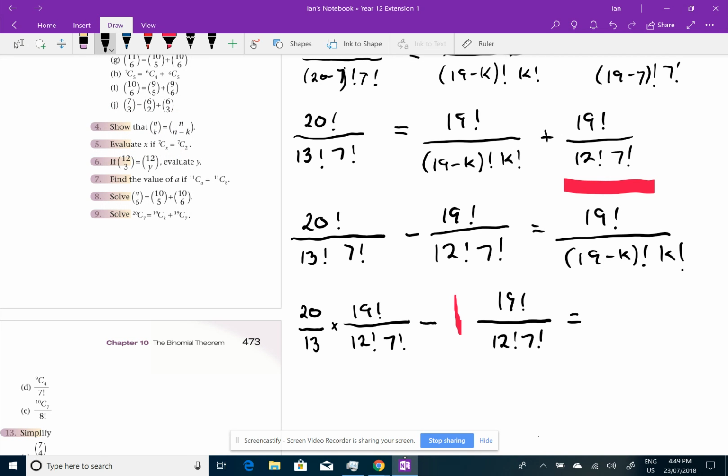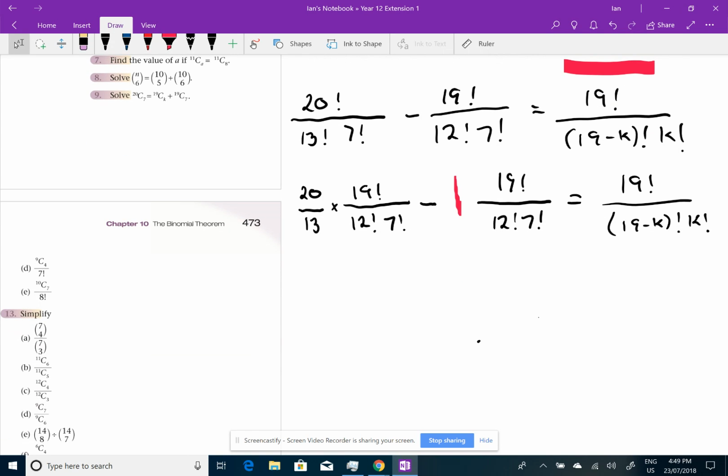And over here, I've still got my 19 factorial over 19 minus k factorial, k factorial. So here I'll take the 19 factorial over 12 factorial, 7 factorial out, and I've got 20 on 13 minus 1. But 1 is 13 on 13. Right? 1 is 13 on 13.